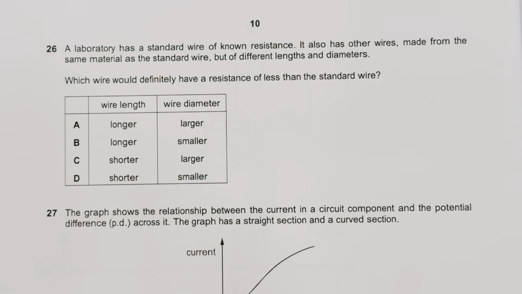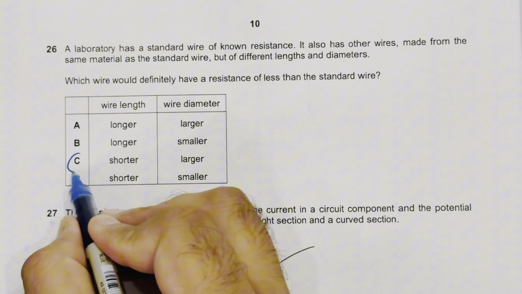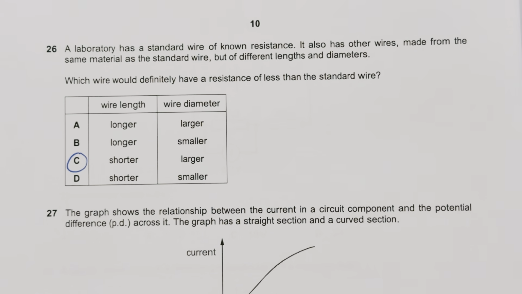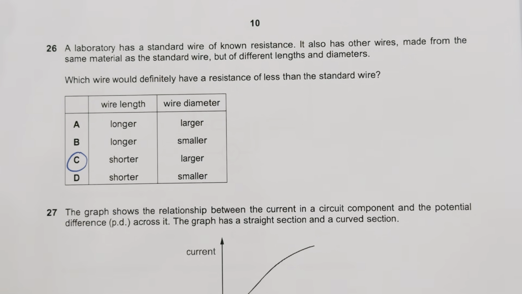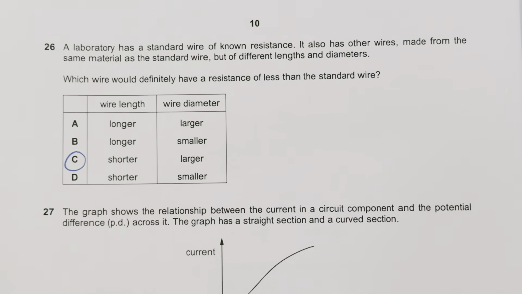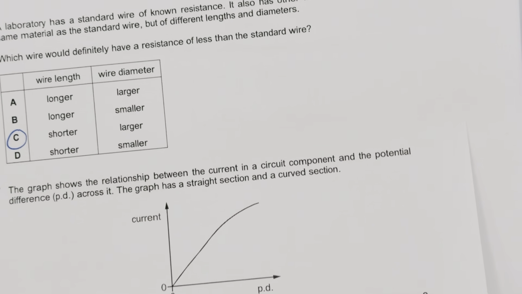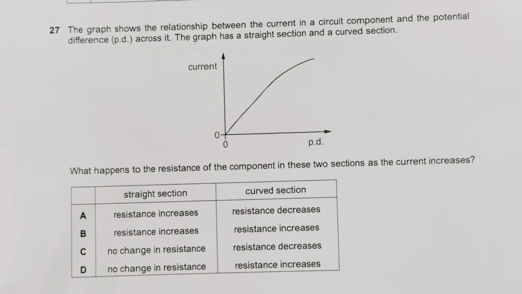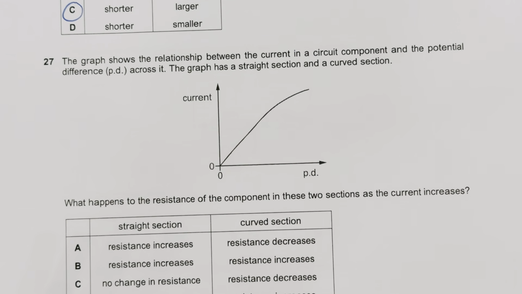Which wire would definitely have a resistance of less than the standard wire? We know that a shorter wire length would have less resistance and a larger diameter would also give less resistance. That's why for air conditioners and other high-end devices, we use wires that are shorter and larger in diameter.